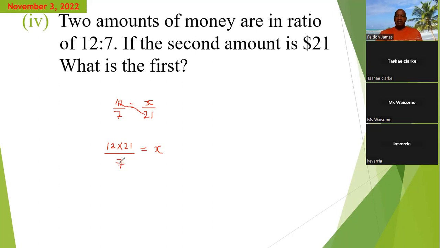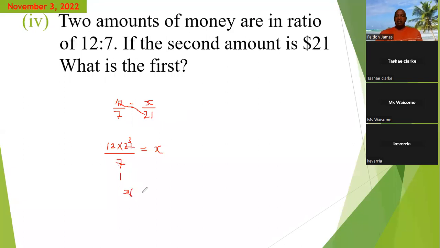So 7 into itself goes 1. And 7 into 21 goes 3. And then now you multiply 3 times 12, which is 36. You will get 36.